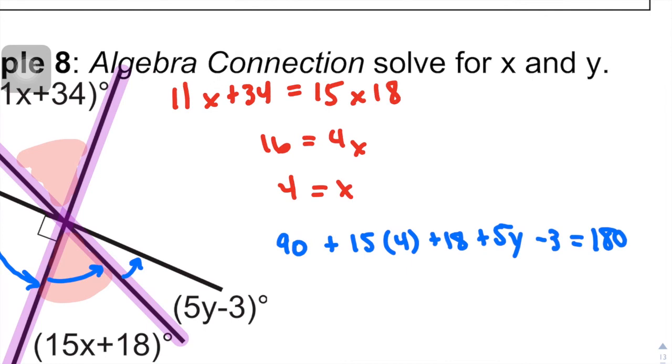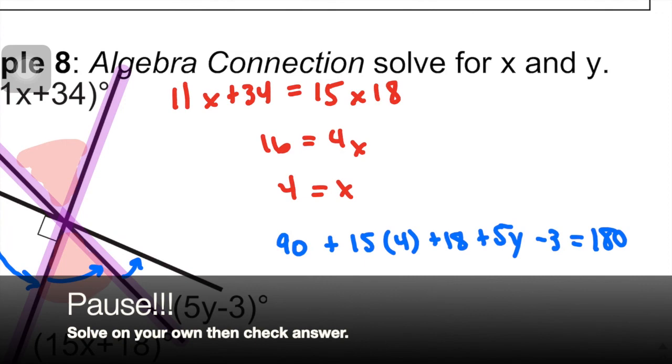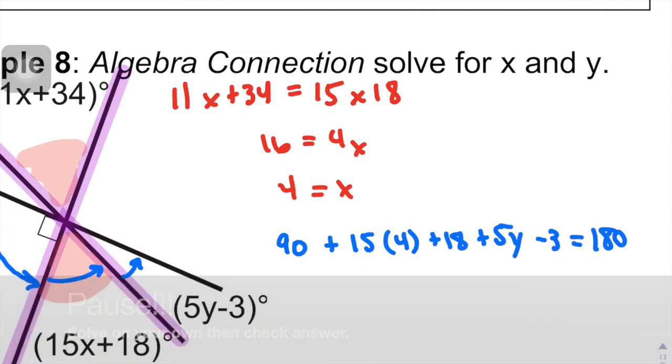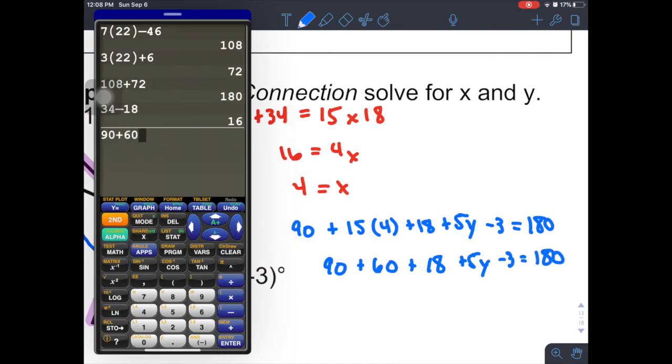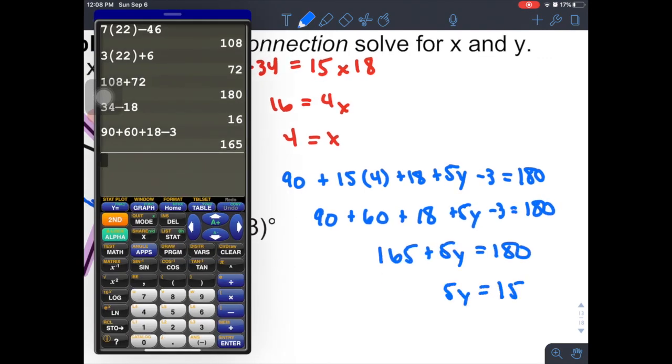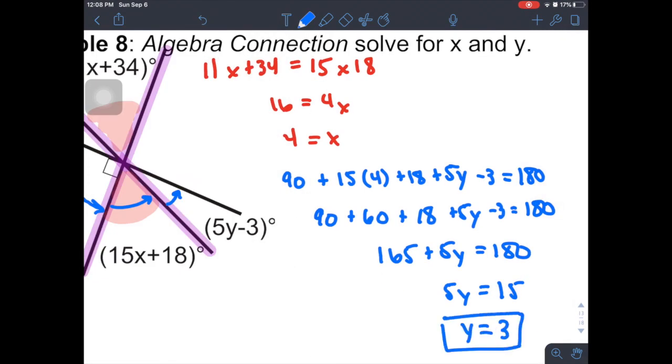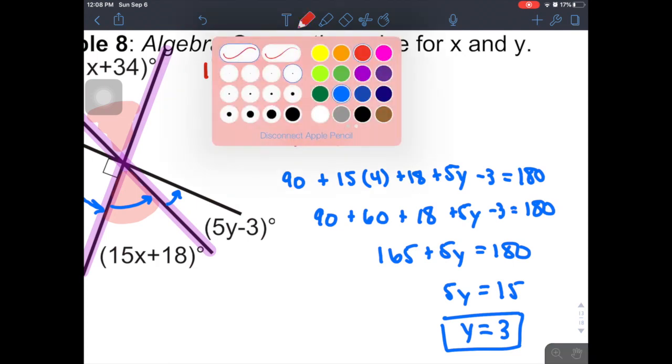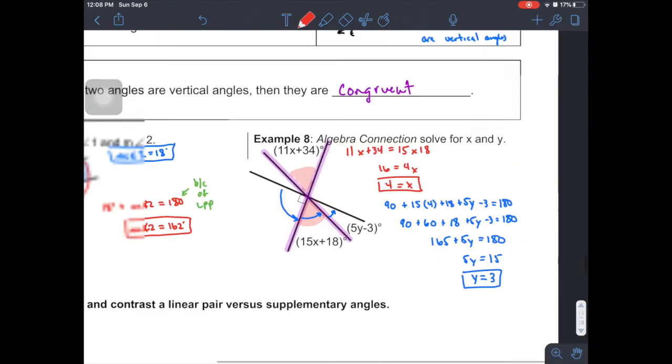There's our algebraic setup. Now we use algebra and solve for y, one step at a time. y turns out to be 3 and x is 4.